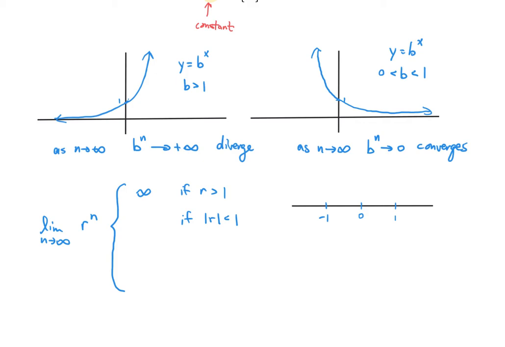So that's going to be a vertical reflection. And even if I flip it across the x-axis, it's still going to go to 0. So I hope I've convinced you that when the absolute value of r is strictly less than 1, we're still going to get our sequence r to the n going to 0.